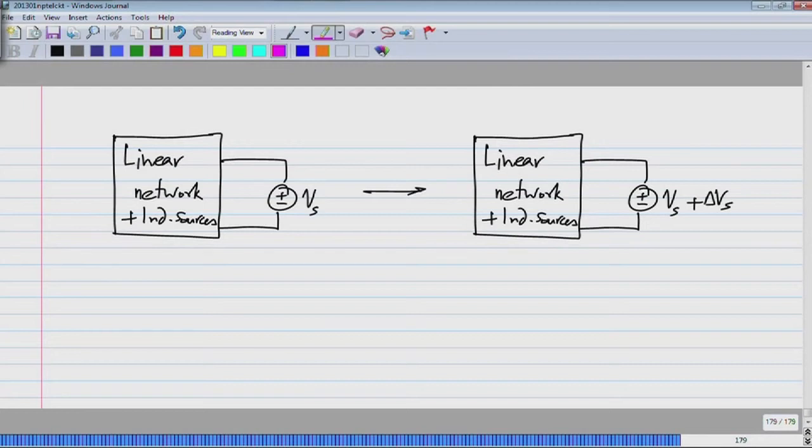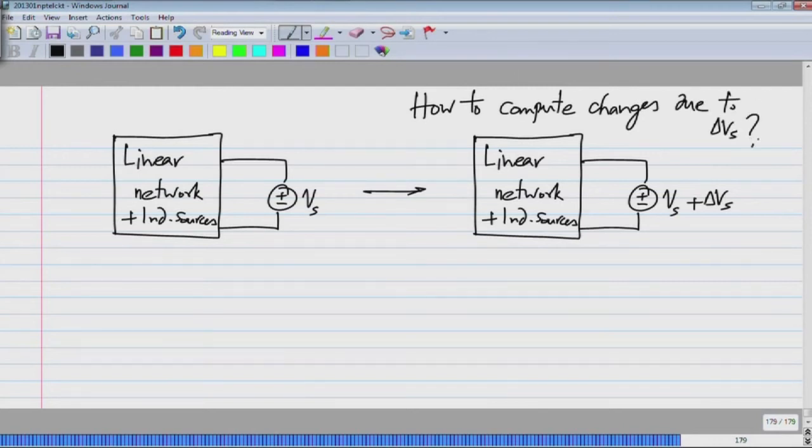Please try to think about this. Is there a way of calculating only the change due to the change in the voltage source? How would we go about doing this? Please try to answer this.